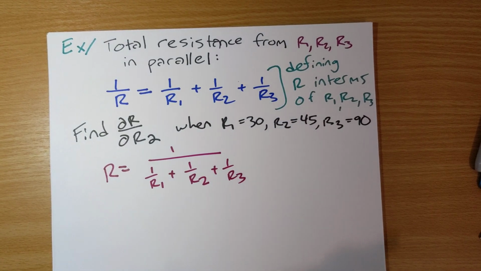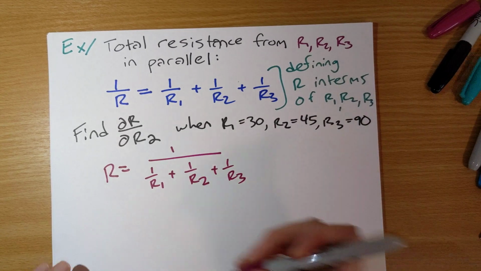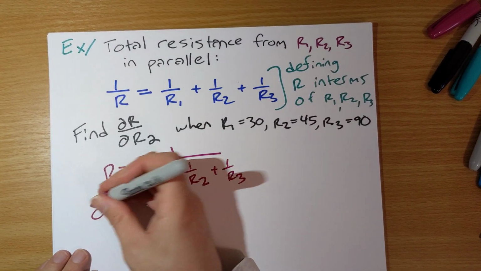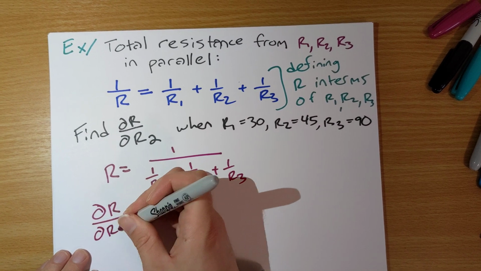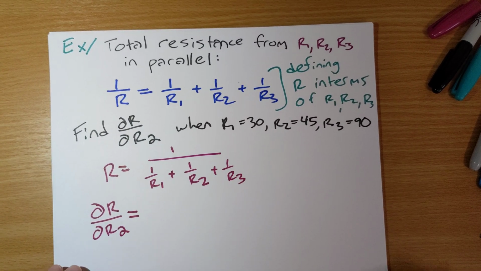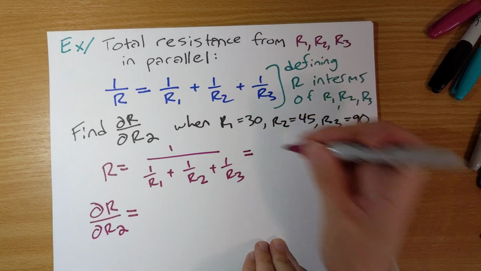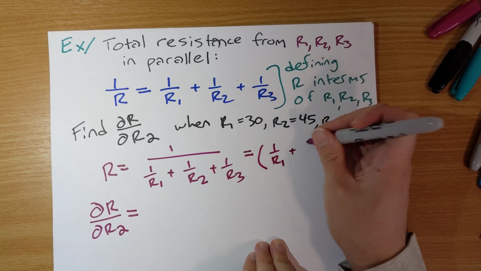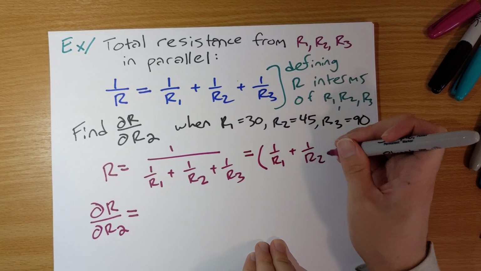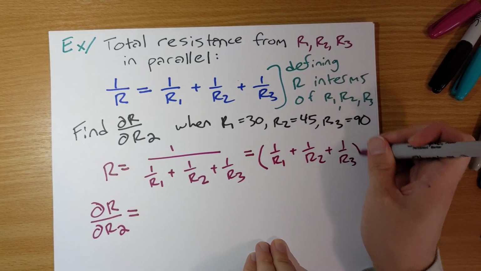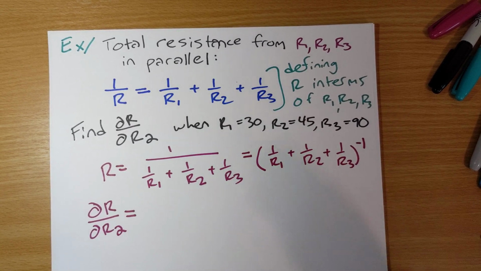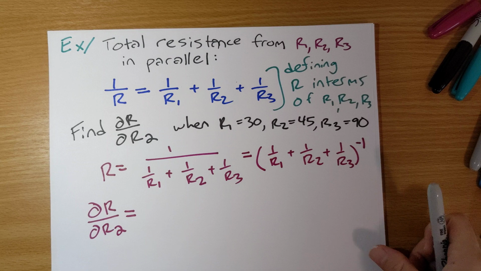And now we're going to take the partial derivative of R with respect to R2. So let's see here. I'm just going to write this in this equivalent form, 1 over R1 plus 1 over R2 plus 1 over R3, all to the negative 1. So I'm going to use power rule instead of quotient rule. You get to the same place with them.